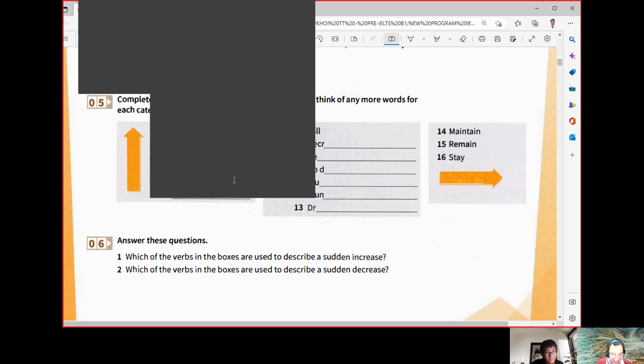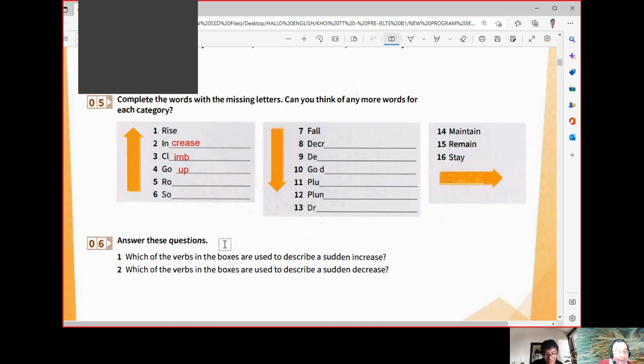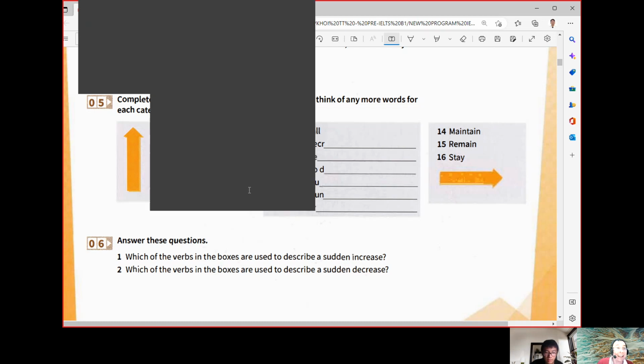And aside from go up, grow up, and rocket. The rocket is rising.